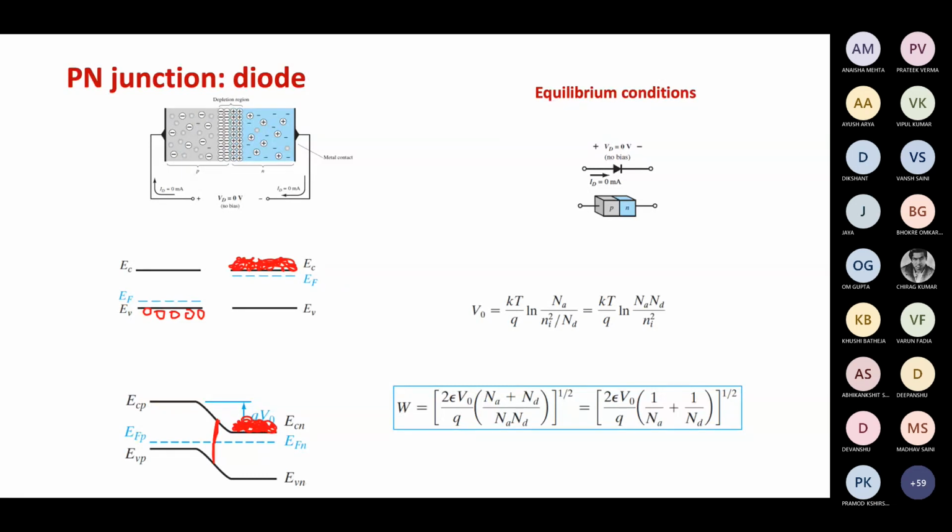Holes will jump here and they might recombine in the junction mostly. But very quickly this barrier is created and now the electrons on the n side cannot go here. They are blocked essentially from going from here to here. Similarly, these holes here, they cannot go here.